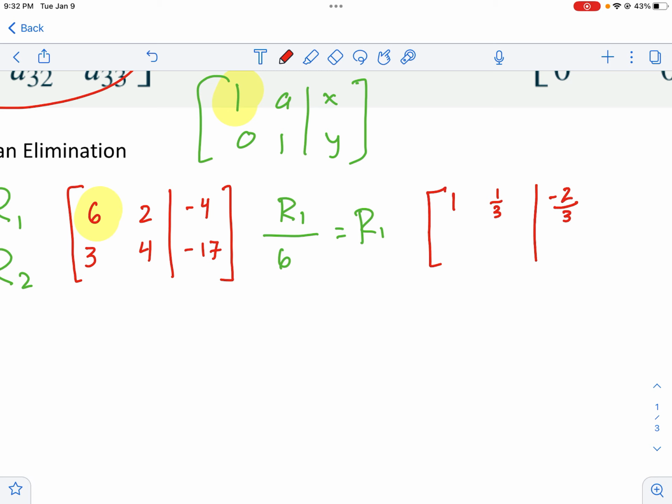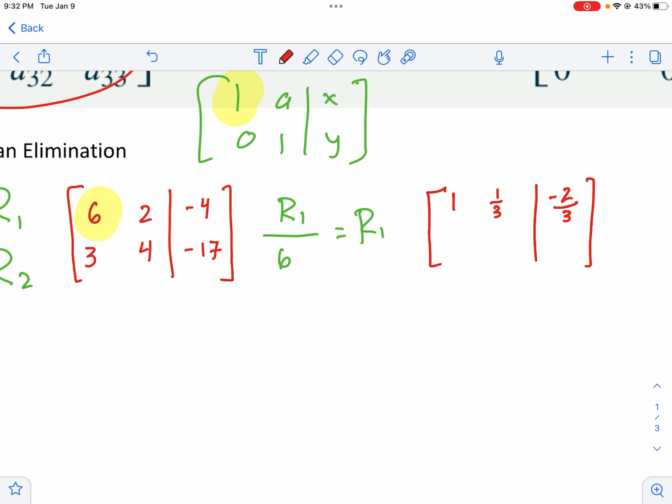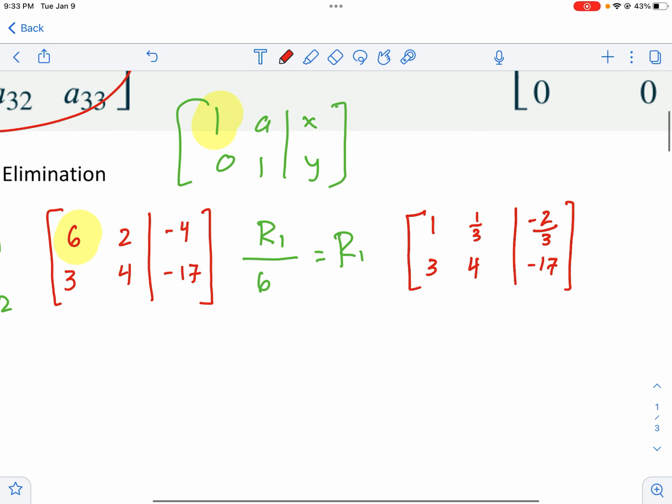The bottom stays the same because I didn't touch anything on the bottom. Okay. So I successfully got the 1 that I wanted. There's some number here, and there's a value over here. So the top row is essentially done.